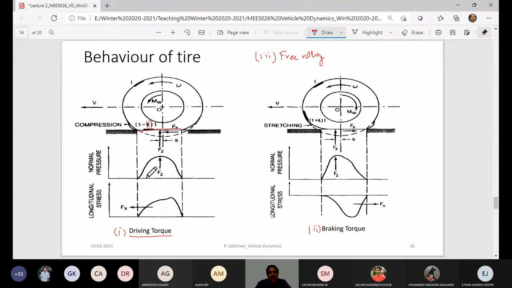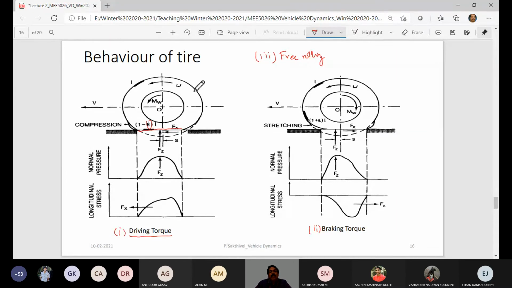That's the understanding. When your driving torque is applied, what is happening? There is compression in front of the contact patch as well as in the contact patch zone. The compression of the tread makes the effective length of the tread, which for a free tire is 2 pi r, no longer the same. It would be less.